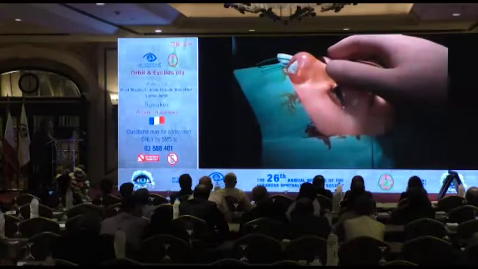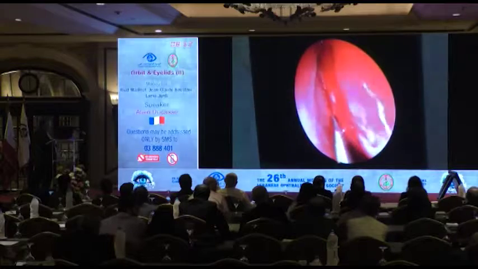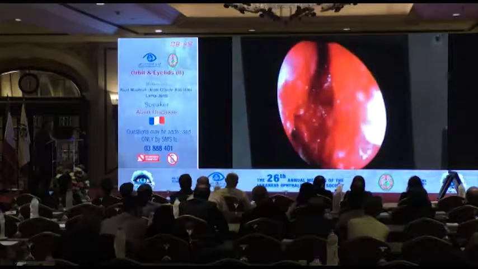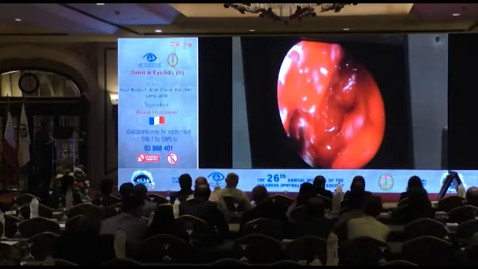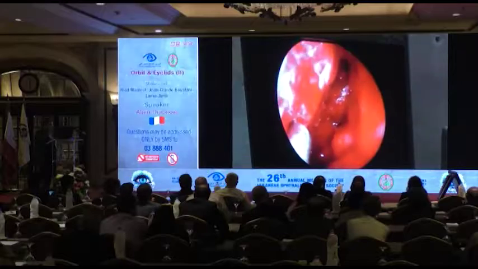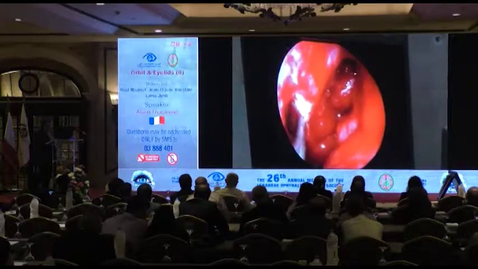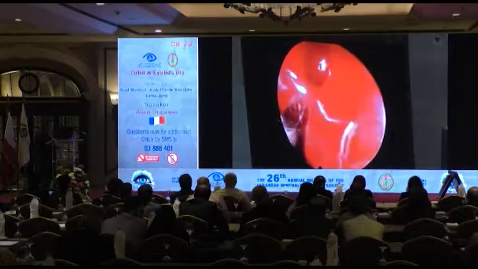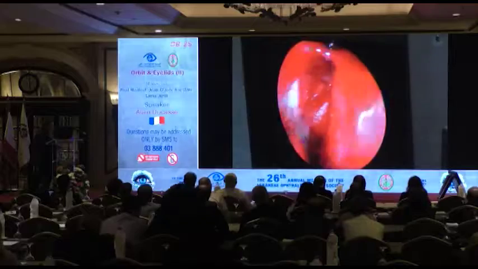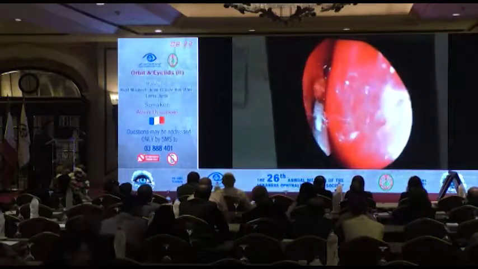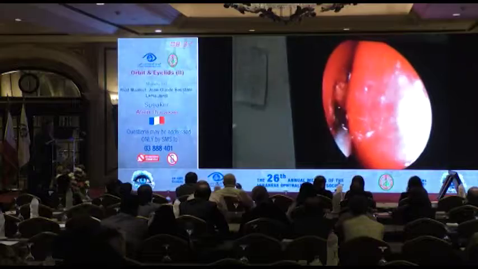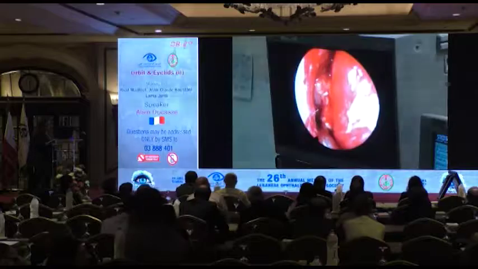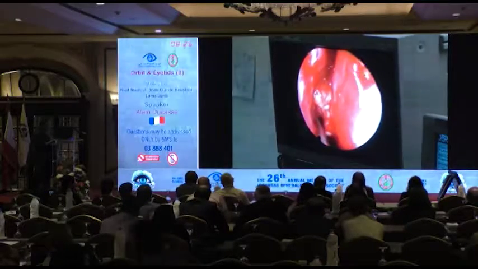You can see a short video by endonasal approach. We realize an ethmoidectomy, and here we are in the maxillary meatus, and we have broken the medial wall of the orbit, and you can see the fat in the nose.